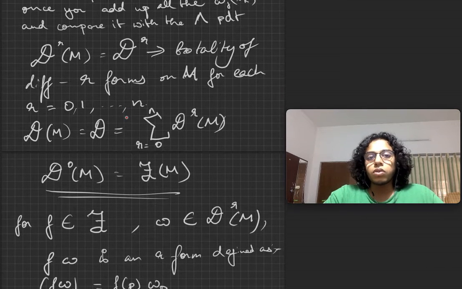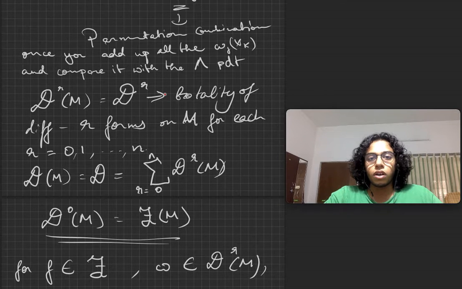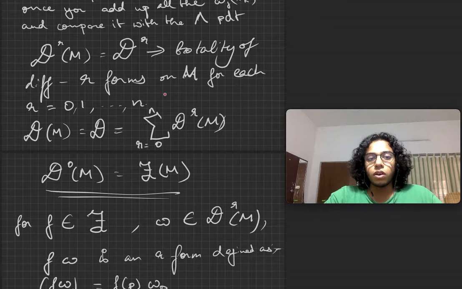Now let's look at the definition of the differential. A few simple differentials. If you take all the r-forms to be of a space D^r(M), or simply written D^r, and you define that D^r as the space, now D(M) is equal to D, which is the totality of all the r-forms.